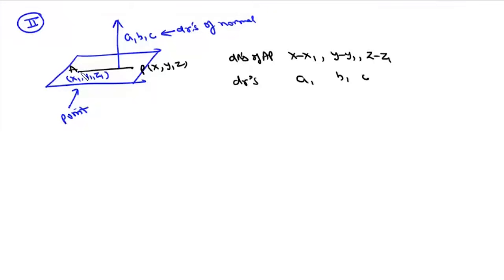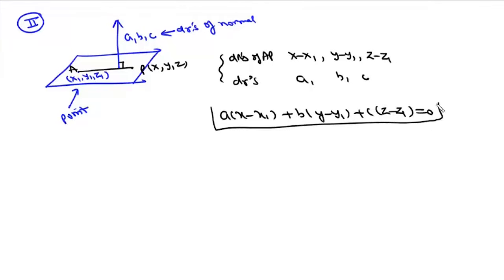Now basically any vector in the plane and normal, they'll be perpendicular. So their dot product must be 0. So we'll get a into x minus x1 plus b into y minus y1 plus c into z minus z1, and it must be equal to 0.